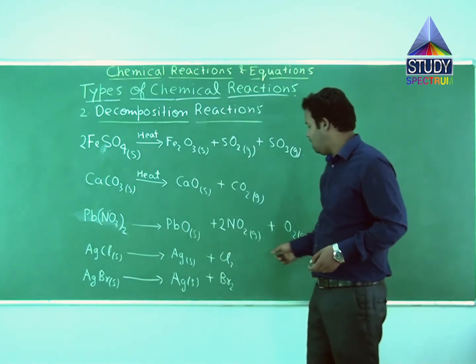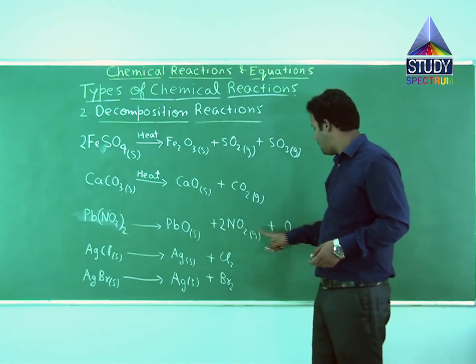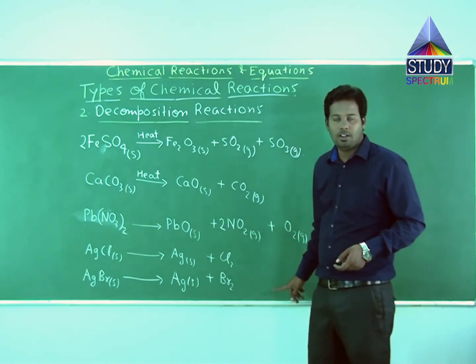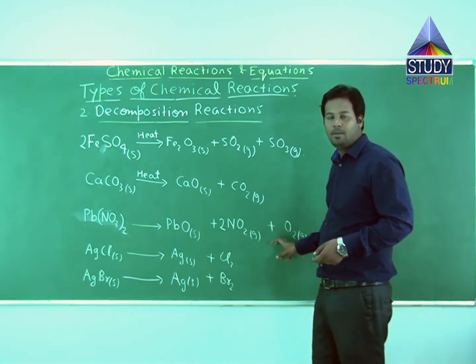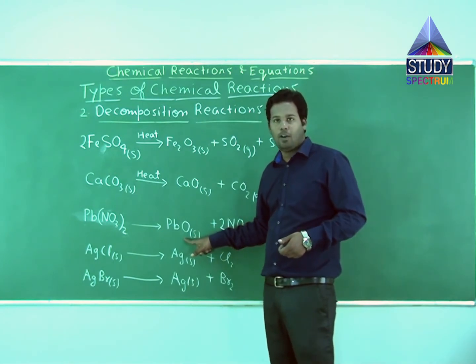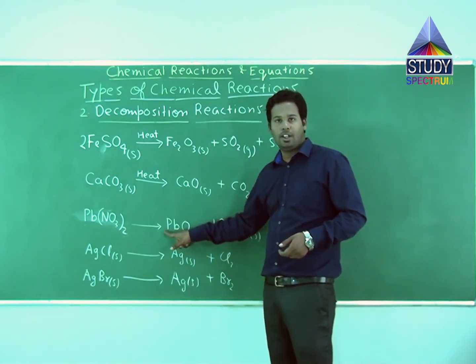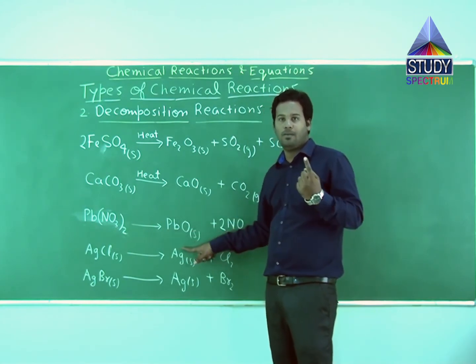But if you see the right hand side, the first product, second product and third product all contain oxygen. So I will use all of them to calculate the number of oxygen atoms in RHS. The first one contains 1 oxygen atom. Why? Because the stoichiometric coefficient is 1 and the suffix is also 1. So the number of atoms in this first product is 1.